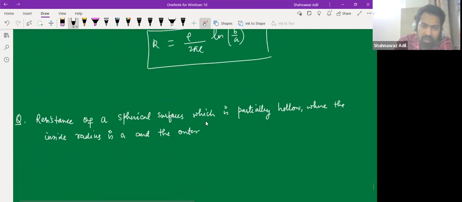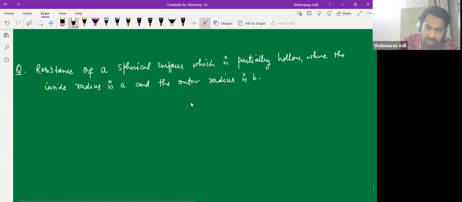So now we want to calculate the resistance of a sphere which is hollow from the inside. So inside radius is A and the outer radius is B. So we have a sphere, right? And this is hollow from the inside.